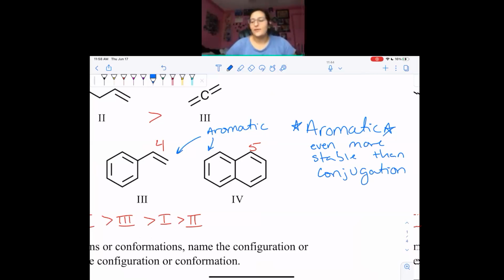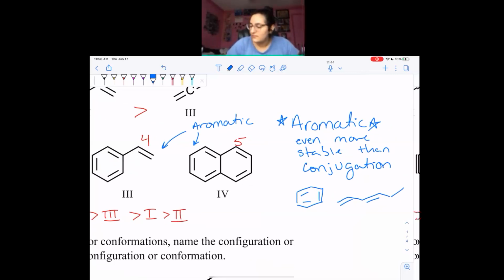So let's say we had a regular old benzene ring, because you should be familiar with that one. And then we had this, right? So both of them have 3 double bonds in conjugation, but this one would be more stable because it has this added aromaticity.